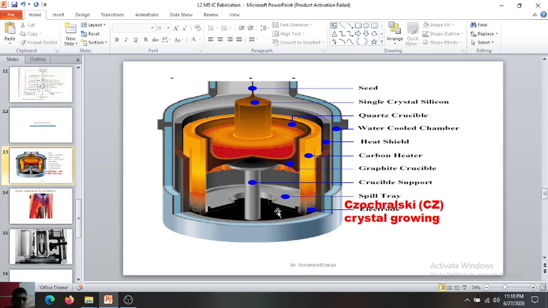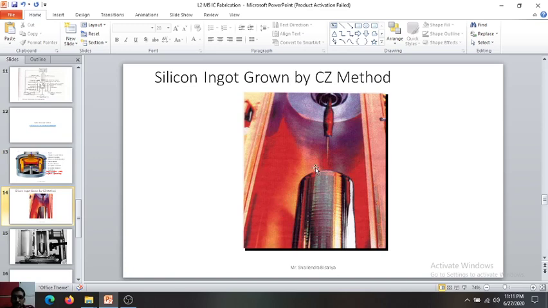When we take out the puller with the seed crystal, you can see that the melted portion comes with it and solidifies when it comes out of the furnace. You can see this picture and understand the point I want to explain: the silicon ingot grown by the Czochralski method coming out of the furnace inside the puller mechanism.